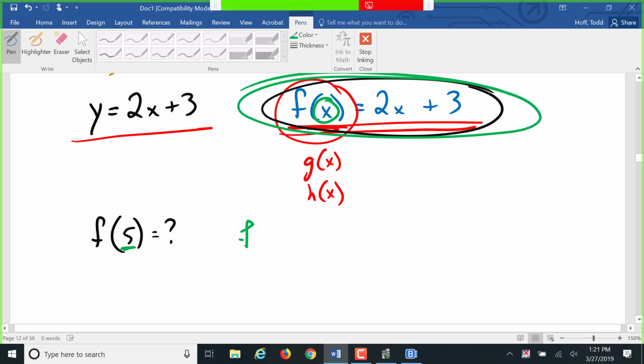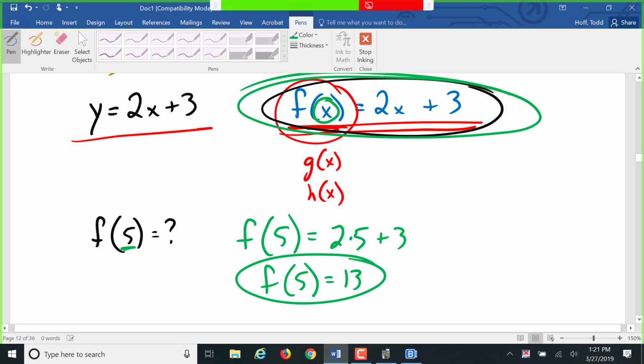So f of 5 is simply 2x becomes 2 times 5 plus 3, or 13. So that is just saying this function evaluated for the value of x being 5.